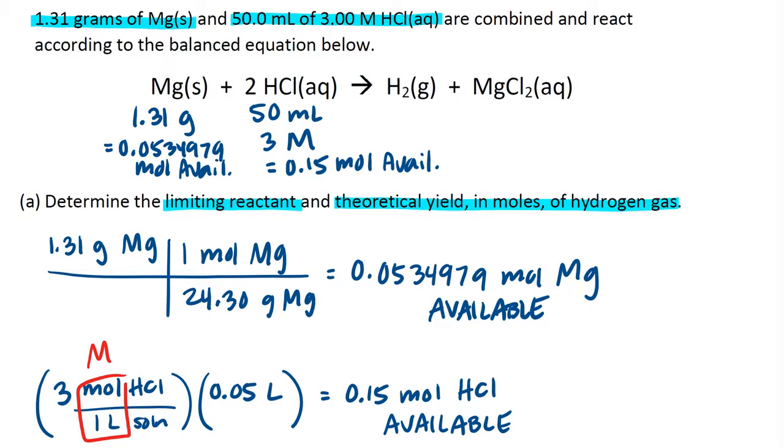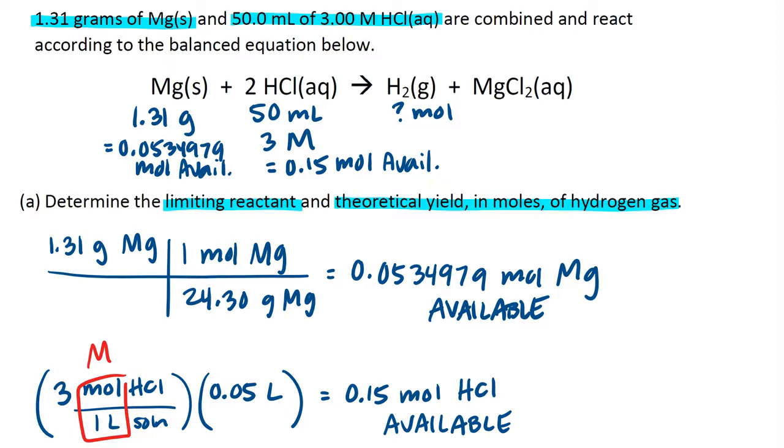Okay, so I have the moles of each reactant, and we're trying to determine which one the limiting reactant is, and eventually the theoretical yield of that hydrogen gas in moles. And so this is where we kind of choose our own path in terms of solving this problem.